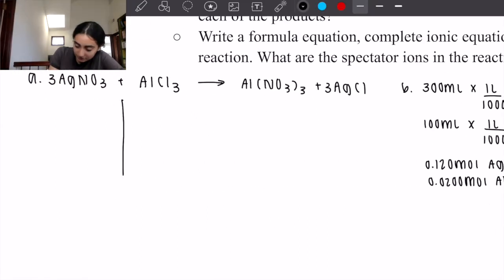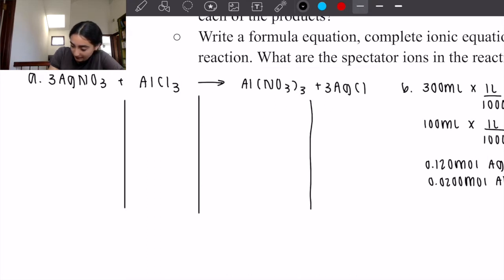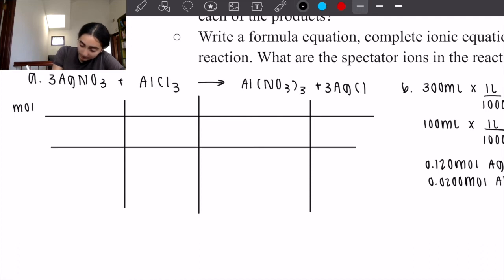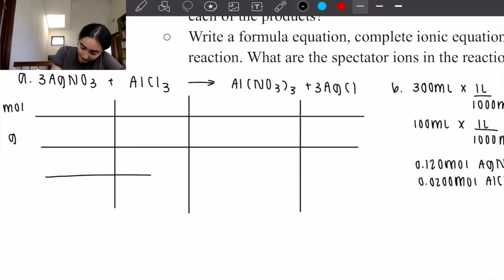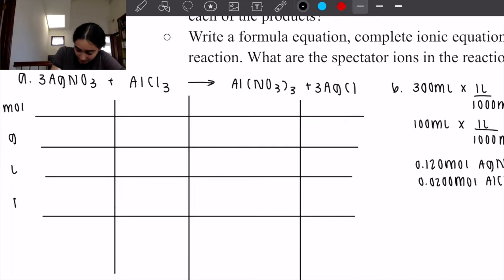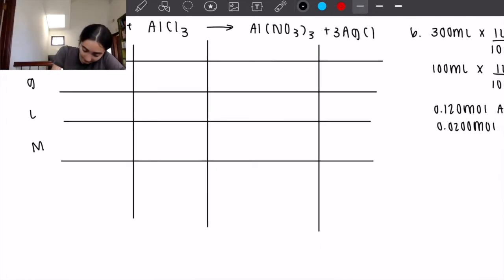I am now going to make my table like I explained in the very first stoichiometry video that we did. I'm going to have moles on the top, and I am going to also put mass. And this time we also have volume, we also have concentration, and we can never forget molar mass.